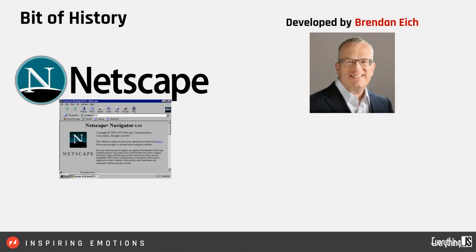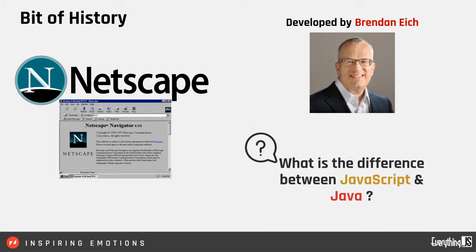Okay, so this guy Brendan Eich, he's the one who created JavaScript, and it was initially implemented in Netscape. I don't think anybody has used this particular browser. So he developed the language in 10 days, and why JavaScript is called JavaScript is because at the time when JS was introduced, Java was really popular.